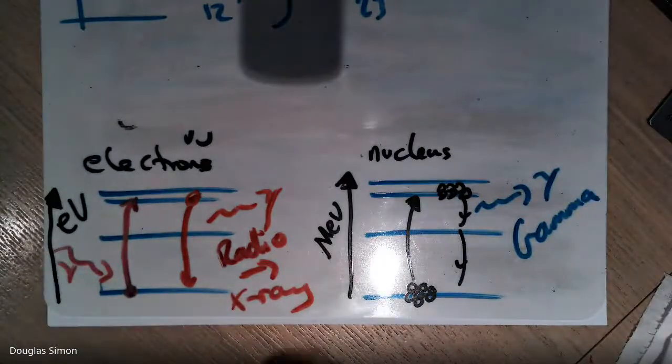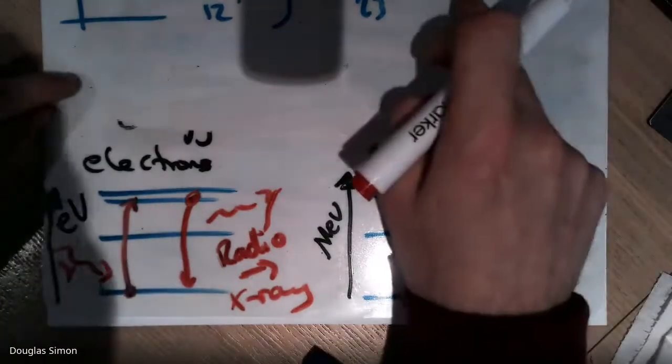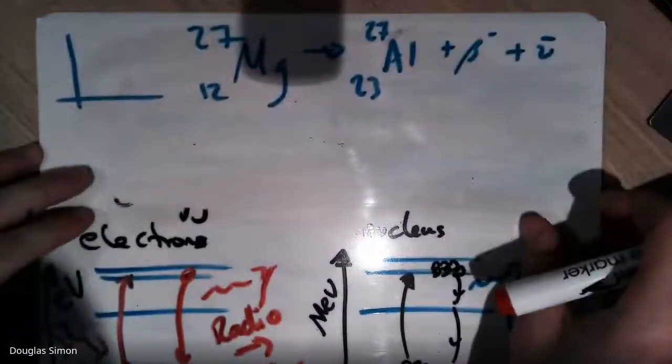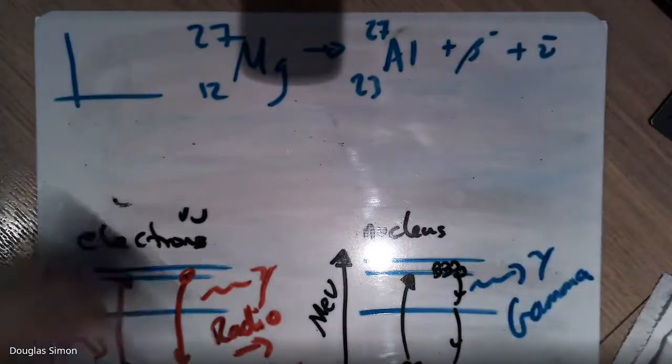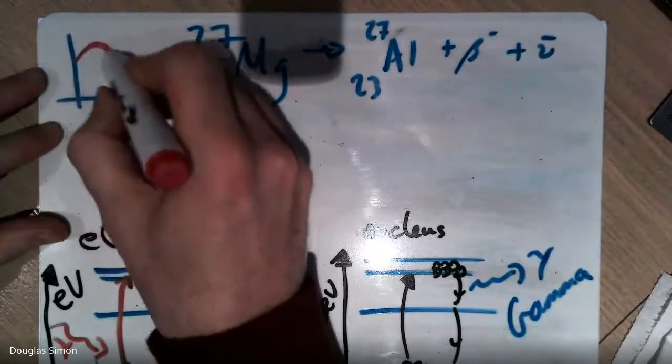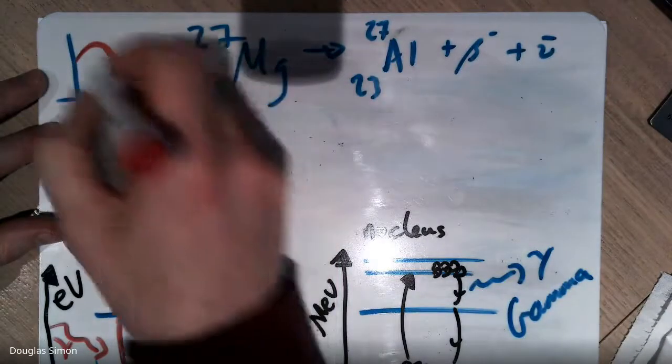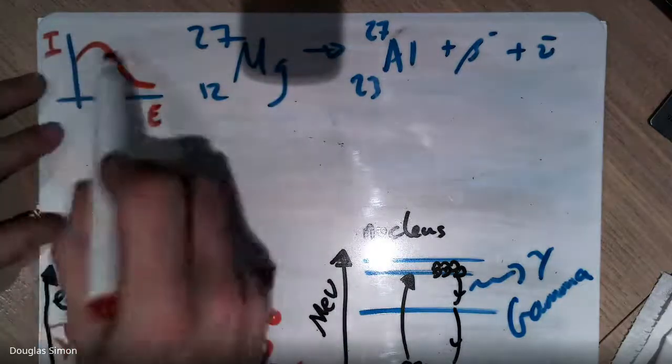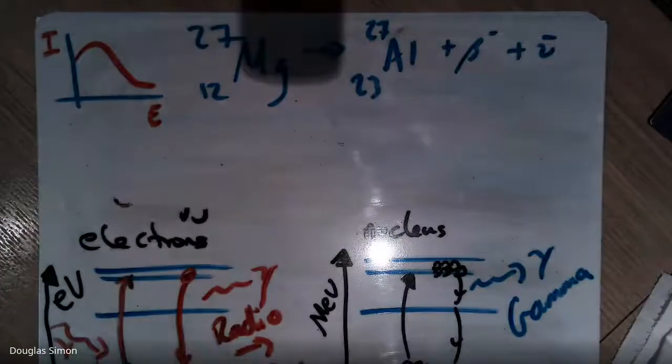Now, we said yesterday a couple of things, didn't we? We said that the beta particles will be formed with this energy distribution. So they have a range of energies, which means there is some missing energy or some extra energy.